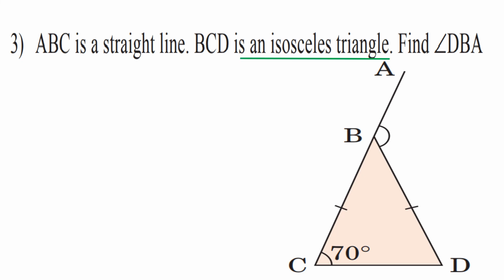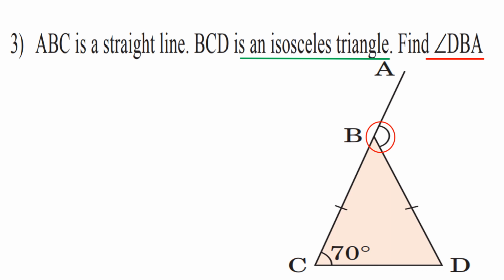An isosceles triangle, then extended here. We're going to find the angle DBA. This one, the color right here, the circle here. We call this angle DBA, students, the circle.